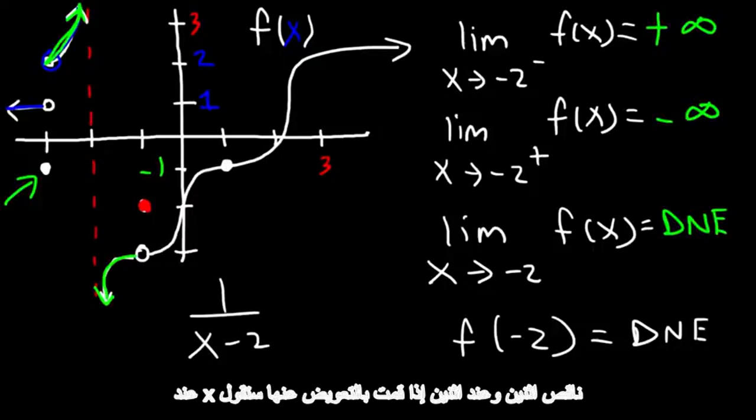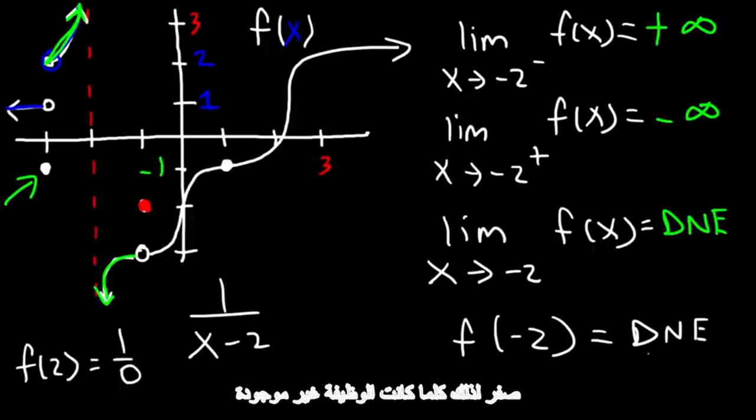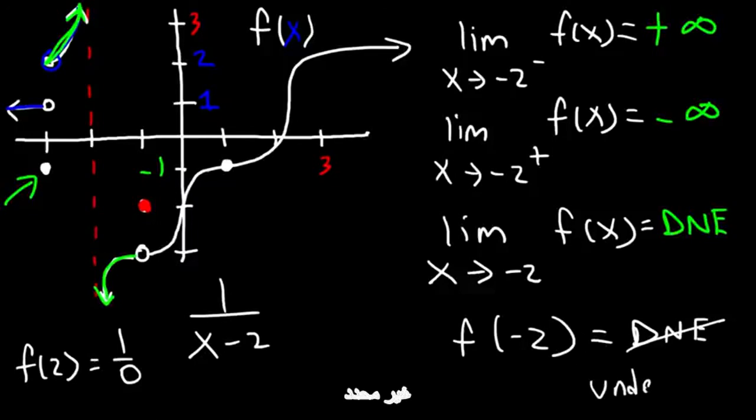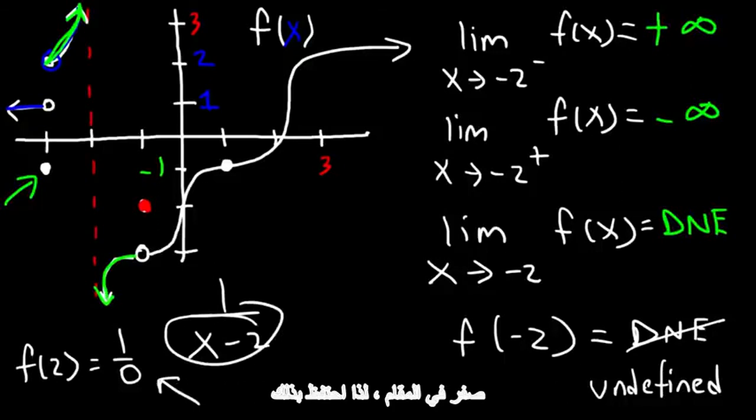And at 2, if you plug it in, you would say it's undefined, because f of 2 will equal 1 over 0. So whenever the function doesn't exist due to a vertical line, you could also say that it's undefined, because that's why you have a vertical asymptote, typically because there's a 0 in the denominator. So just keep that in mind.